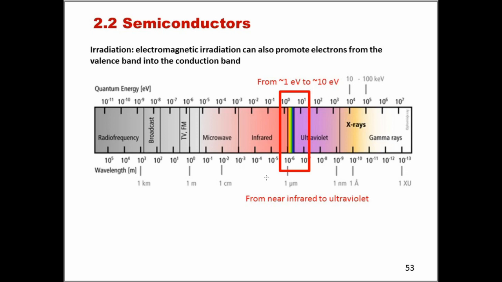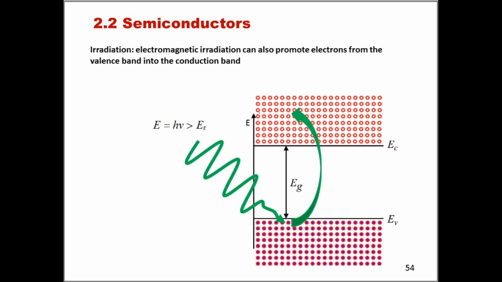From this diagram we can realize that in the electromagnetic spectrum, visible light occupies a very tiny piece of the spectrum, effectively from 1 eV to roughly 10 eV. Obviously, as we can see, these numbers are enough to allow electrons to be promoted from the valence band into the conduction band, and this is why light irradiation increases, if you like, the conductivity of materials.